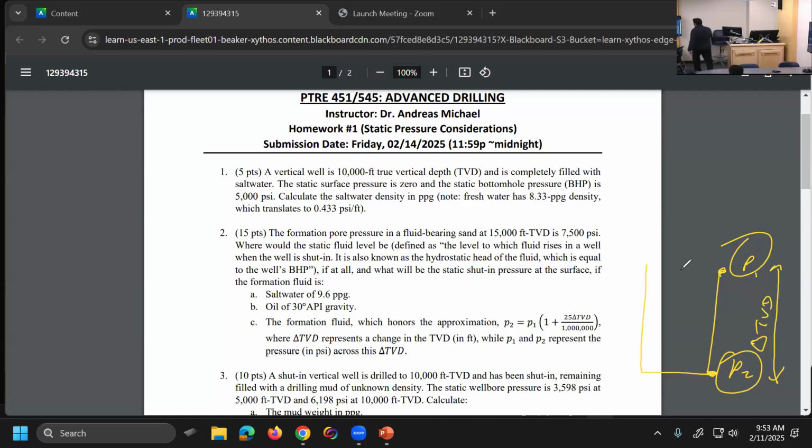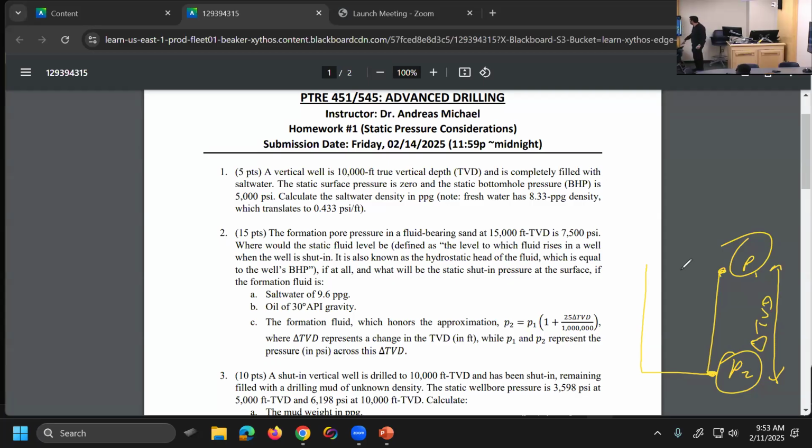So you have this correlation, right? There are three unknowns. I want you to input two unknowns and get the third one. You want the pressure at the bottom to match the FPP, right?